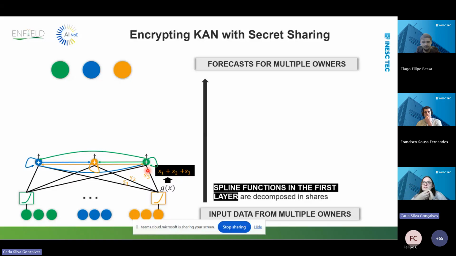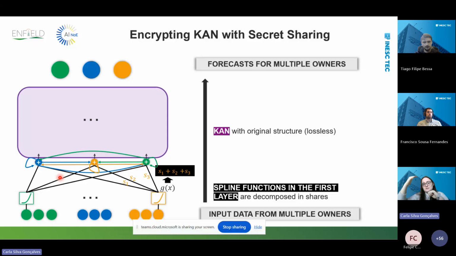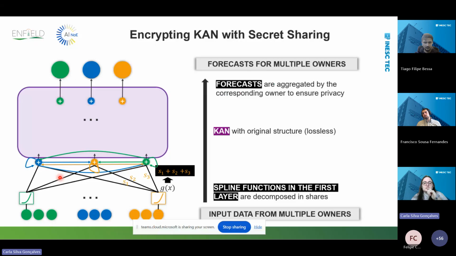So here the problem is the computational complexity, because to compute the first layer of the CAN, they need to communicate with each other, between them, all these secrets, and then sum them. So there is a lot of communication here, but then they can proceed with a normal CAN after that, because the problem is the first layer of the CAN, and then at the end it's the same.